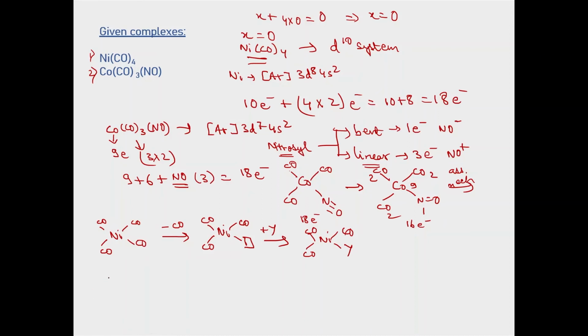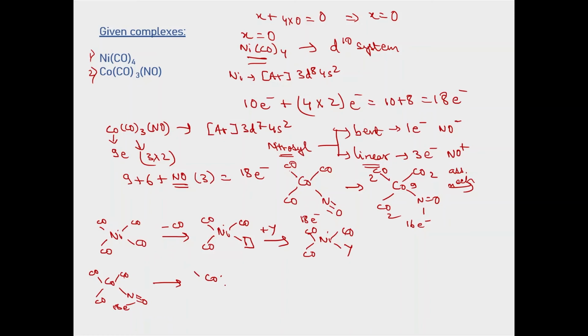Whereas for the cobalt complex, the mechanism will be like first there are 3 carbonyls and nitrosyl coordinated in a linear fashion. It is an 18 electron complex now.